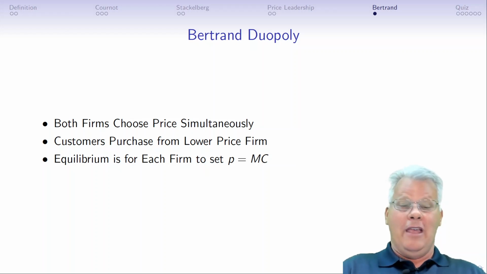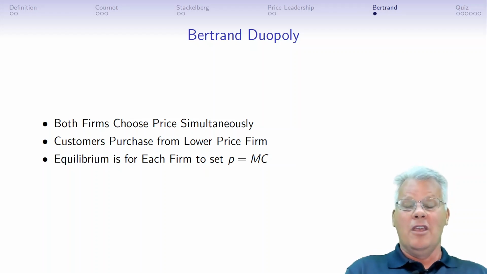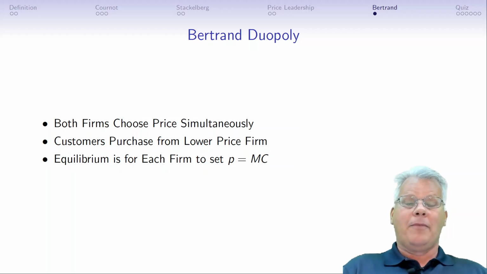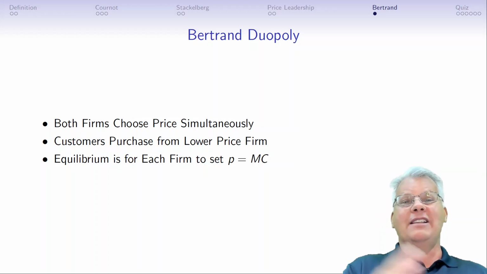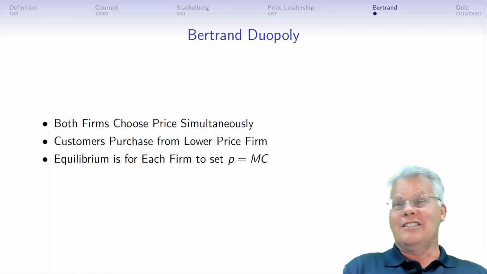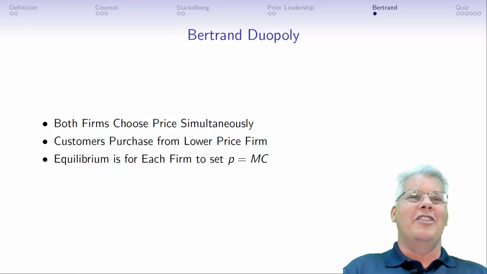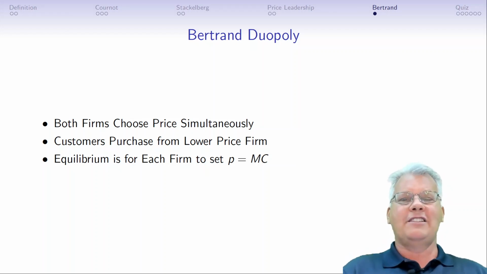What would happen then is the firm that announced marginal cost pricing is going to take the whole market. So basically, by announcing a price above marginal cost, because customers communicate with one another, text one another, all the customers go to the lower priced firm.